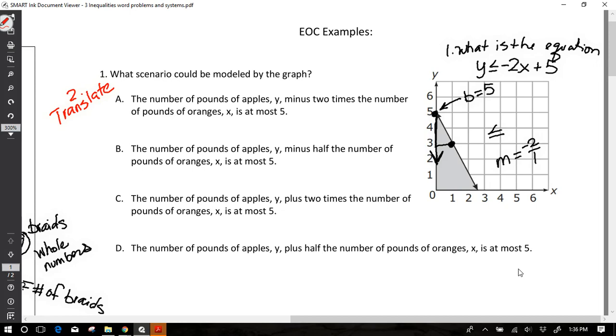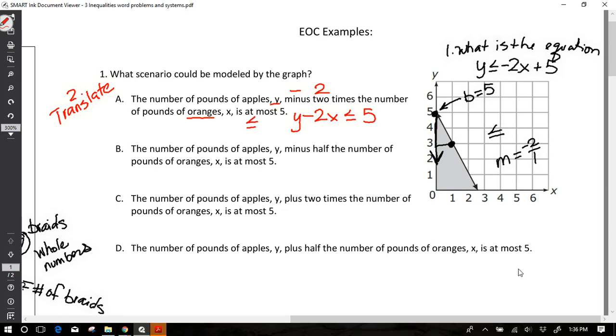The number of pounds of apples, Y, so Y, minus 2 times the number of oranges. So minus 2x is at most. At most is less than or equal to. So less than or equal to 5. All right, so I've done part A.